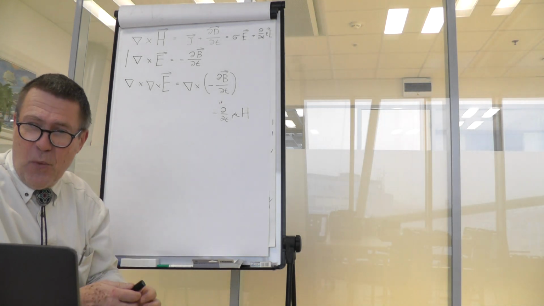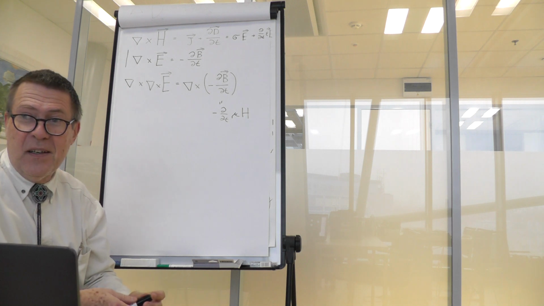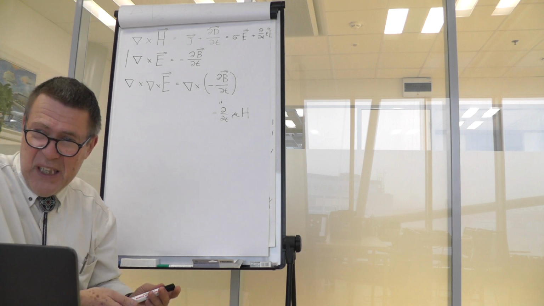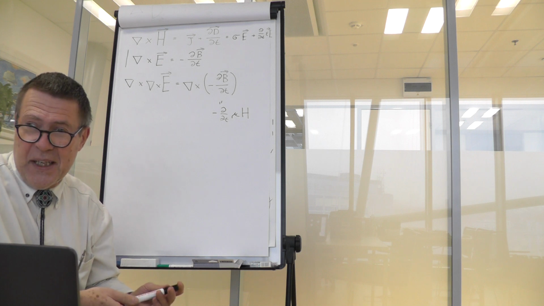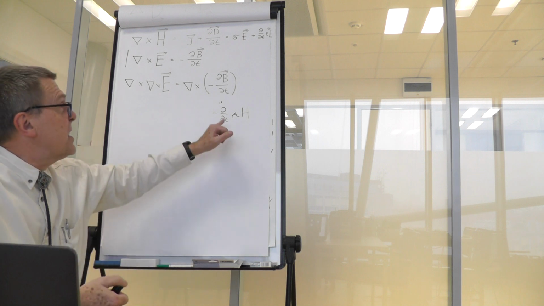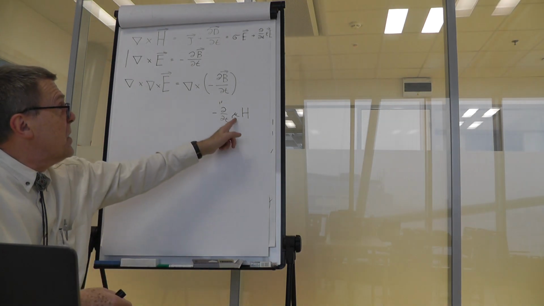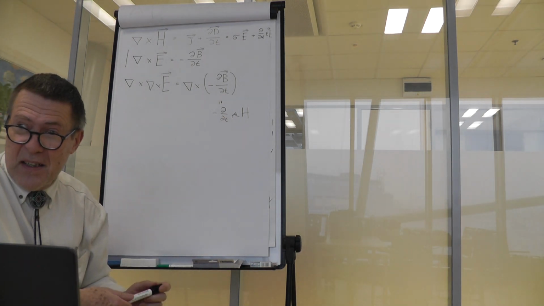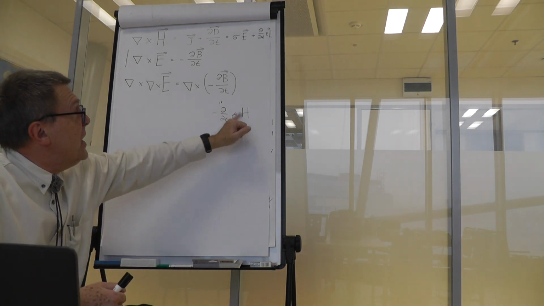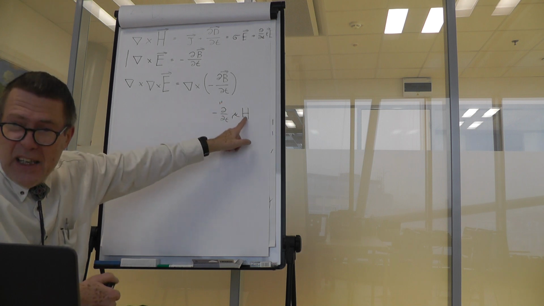But fortunately, we have made the rule that we only talk and describe the problem today on stationary media. If a media is stationary, it directly implies that its property does not depend on time, and therefore the time derivative of mu is 0. And therefore we can change the order. We can write minus mu time derivative of h.